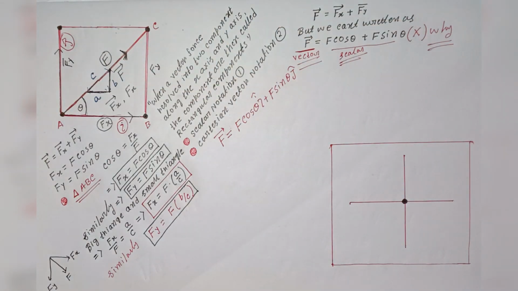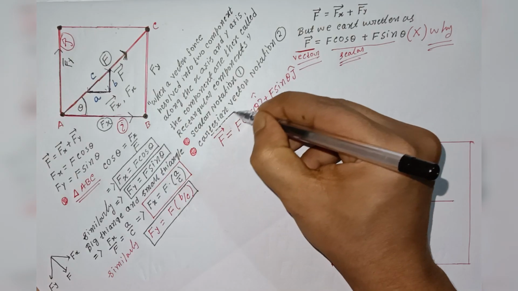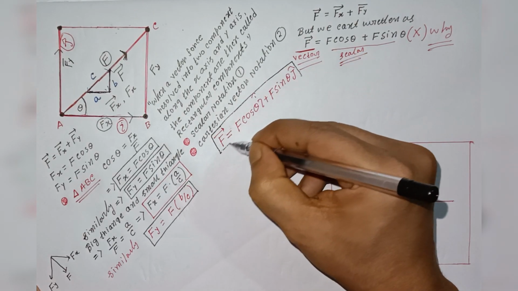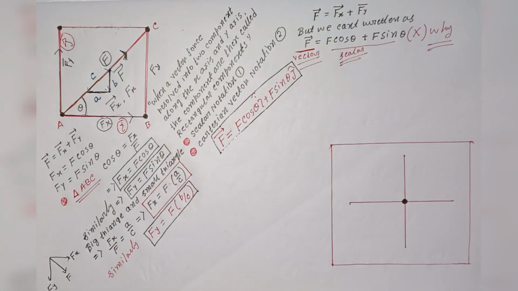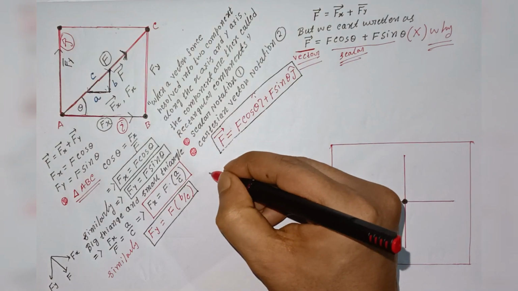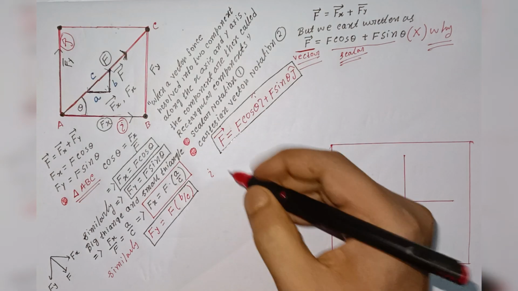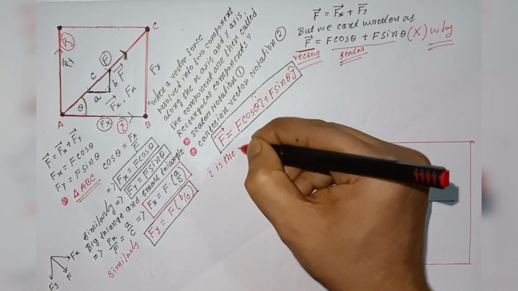Similarly, we can write plus F sin theta j cap for the y-axis. Now we have attached a direction to the scalar magnitude. That means it's not just a number anymore, it has a direction too. That is i cap for the x-axis, j cap for the y-axis. i cap is the unit vector along the x-axis, meaning it points in the x direction.